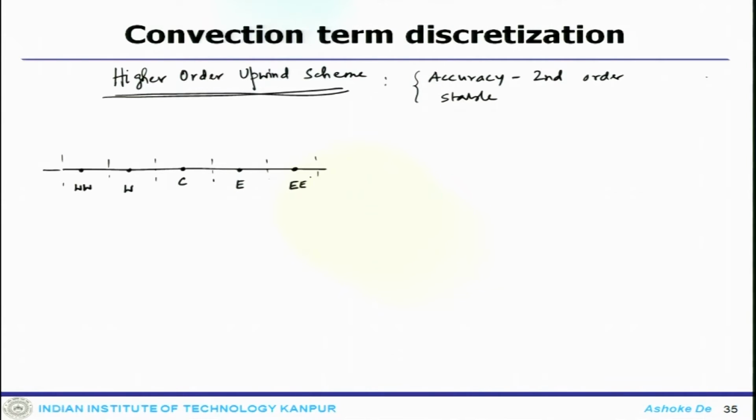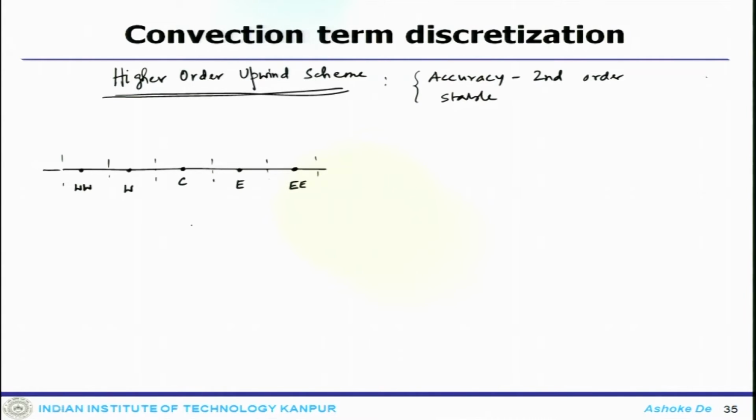So, it uses a similar kind of stencil in a one dimensional system, but now the important property associated with the flux at the interface is that the element C and what it follows.